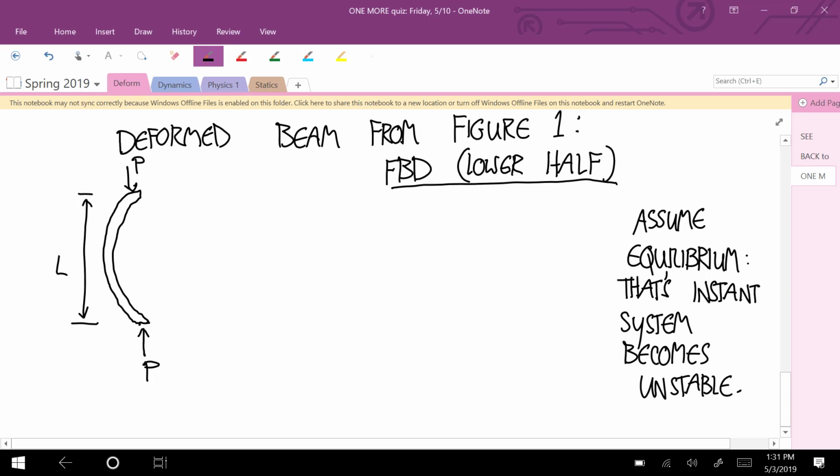Okay, so now we're talking about this, and the lower half free body diagram. We have a coordinate system like this.